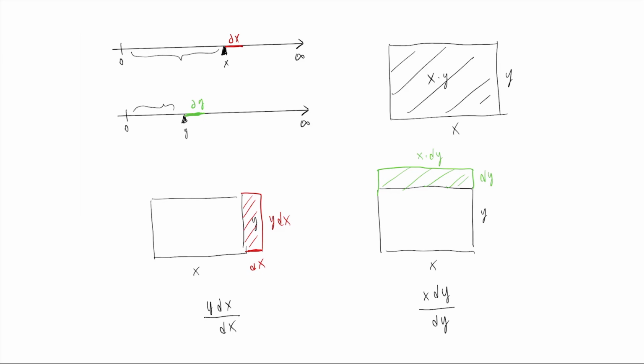And if we ask what this is equal to as dx approaches 0 or as dy approaches 0, we will see that the first one is just equal to y and the second one is just equal to x. So this is a very easy way to understand why we get the values we get for computing the partial derivatives of a product of two variables x and y.